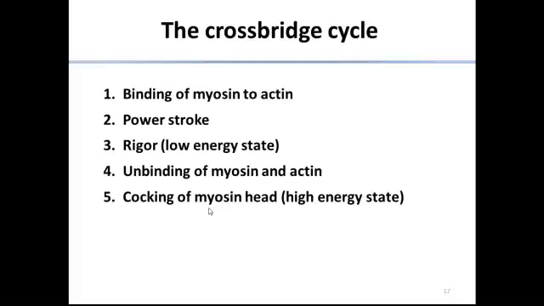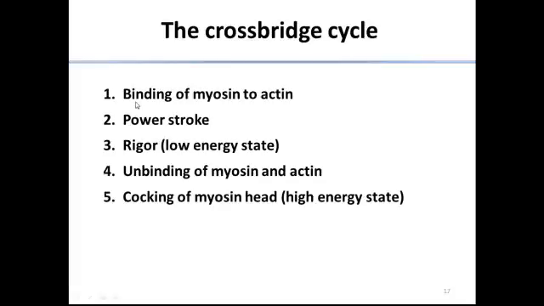Next one is the cross-bridge cycle. When a cross-bridge uses one ATP and moves a certain distance, that is muscle contraction, the basic cycle. It can be divided into 5 steps. The first one is the binding of myosin to actin.